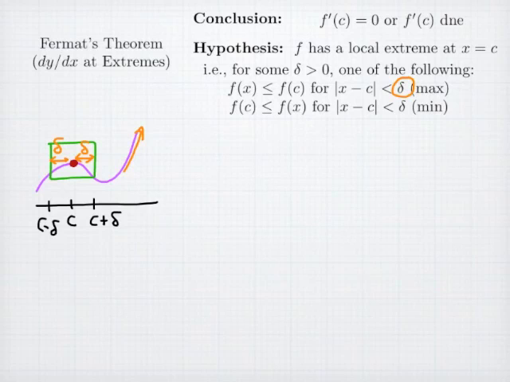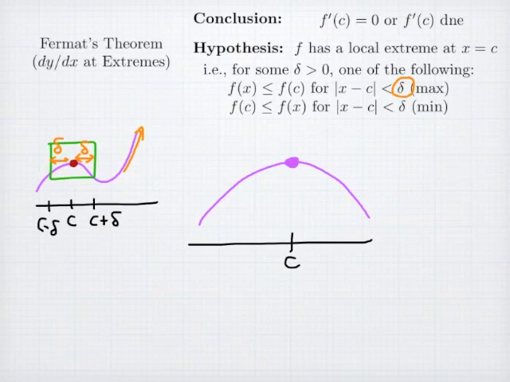Fermat's theorem tells us what happens to the derivative at a local extreme. So let's think about what happens if I am at a local maximum. If I'm interested in the derivative at that point, I need to think about a second point, consider the secant line, and now imagine what happens as this second point moves towards the first point.